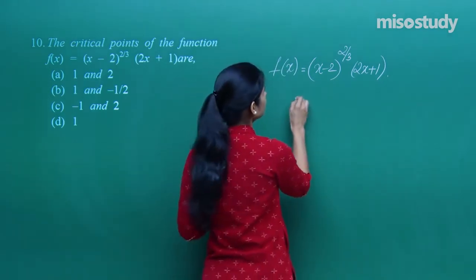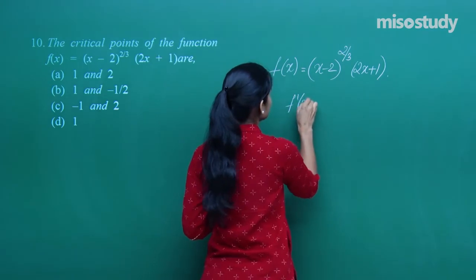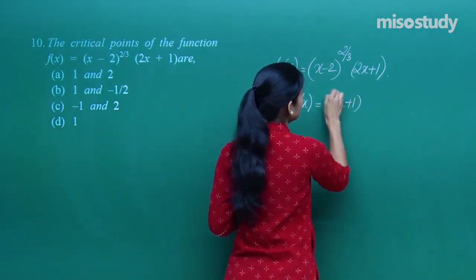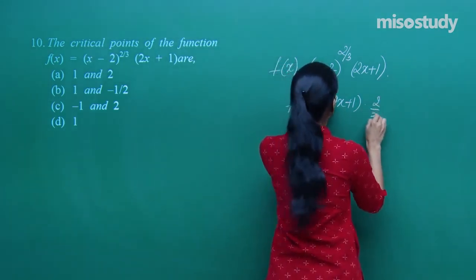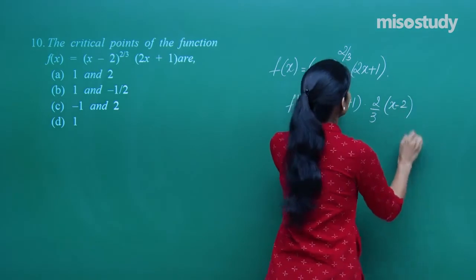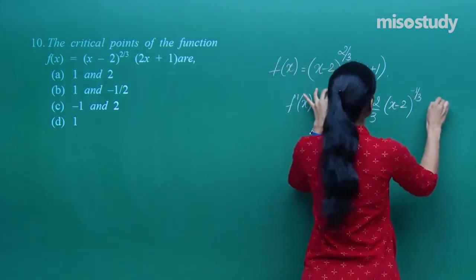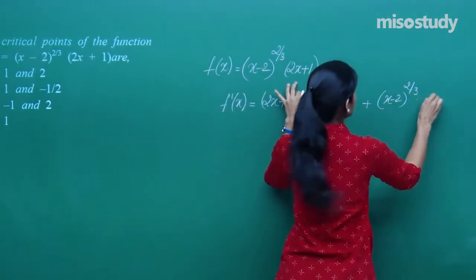Now if you observe, what is going to be the status of f dash x? This is (2x plus 1) into d by dx of the first function, which is 2 by 3 (x minus 2) to the power 2 by 3 minus 1, which is minus 1 by 3, plus (x minus 2) to the power 2 by 3 into 2.